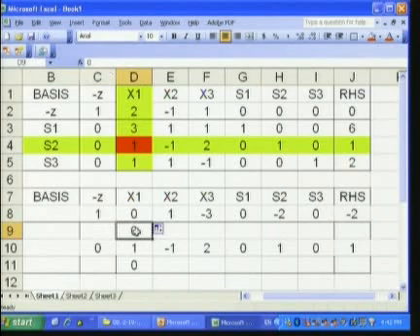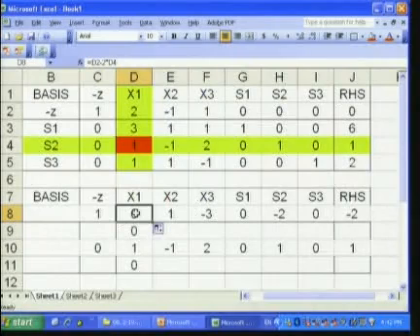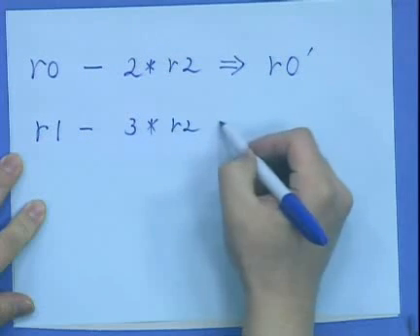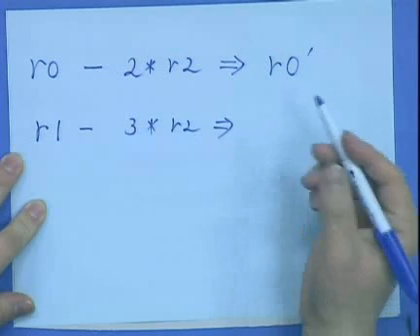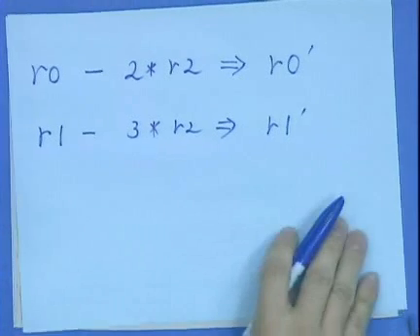Likewise, how could you make this 0 from 3 using this pivot value? The row number 1 minus 3 times the pivot row, which is row number 2, becomes the new row number 1, right?